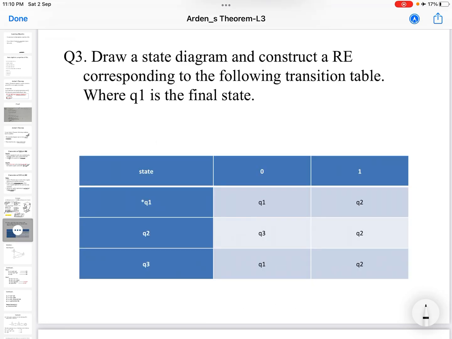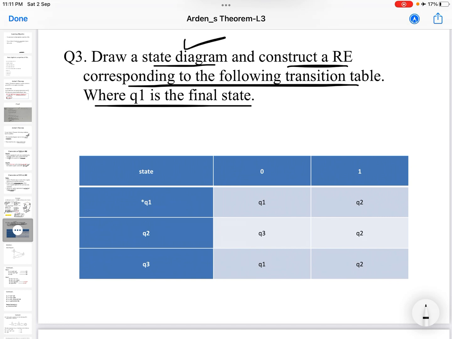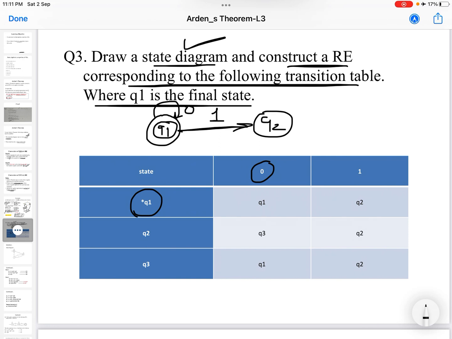The next question says, draw a state diagram and construct an RE corresponding to the following transitions, where Q1 is the final state. Now how do you draw a state diagram? We will see. Q1 is the final state. Q1 on 0 goes to Q1 itself. Q1 on 1 goes to Q2.